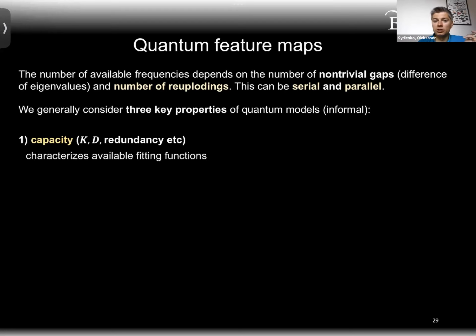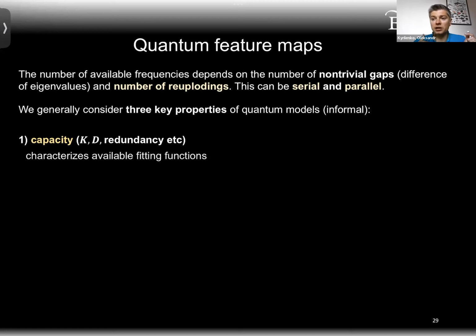But when you build it, you need to understand what will be the capacity. So how many frequencies do you actually encode? The general rule is that the more times you apply the feature map, either in series or in parallel, the higher will be the capacity of the model. So the larger number of frequencies you would have.